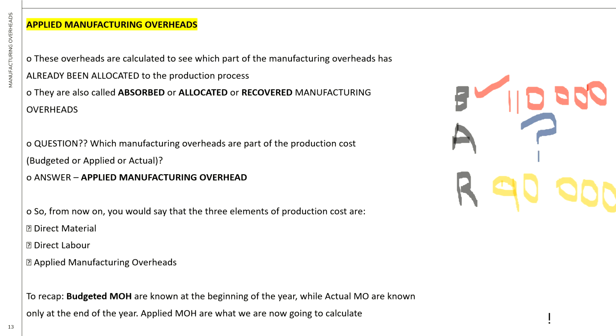Don't forget we have budgeted manufacturing overhead, that is planning. We have actual that we know at the end of the period. The budgeted we know at the beginning because it's planning, and the applied or recovered or allocated are the overheads that are already applied or paid for.